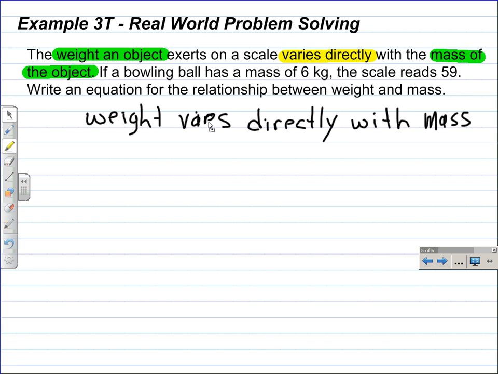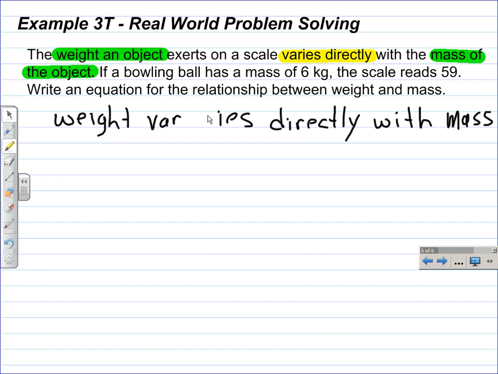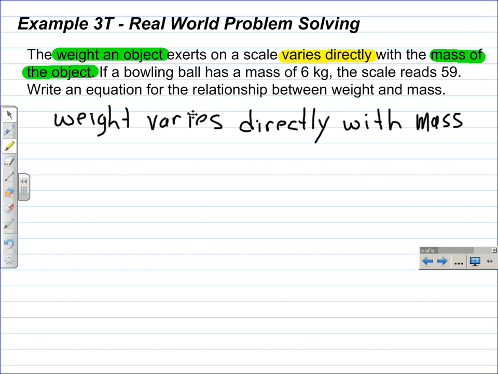So weight varies directly with mass. That means from previous discussions when we've talked about dependent and independent variables, the weight depends on the mass.